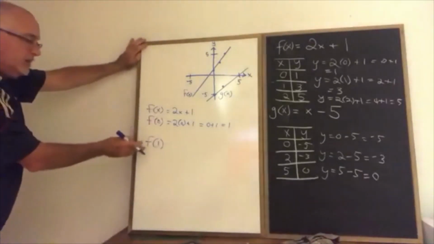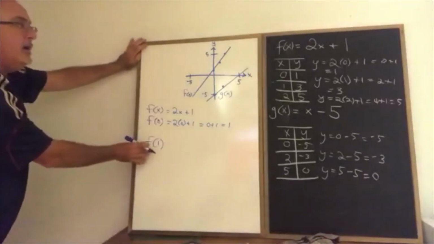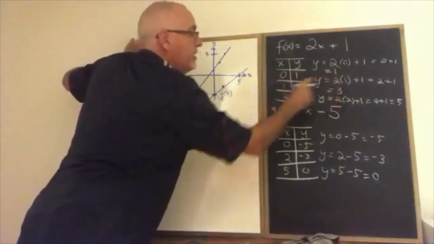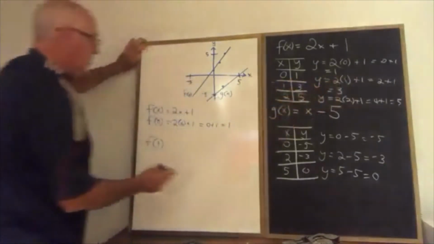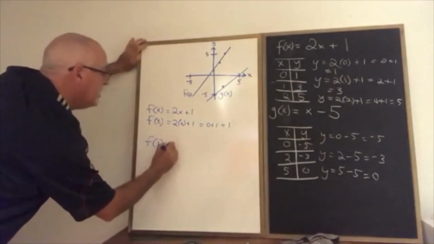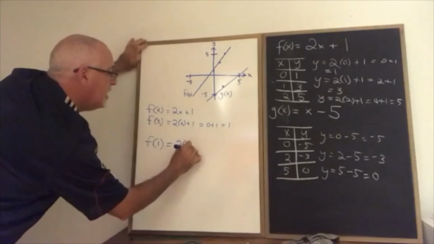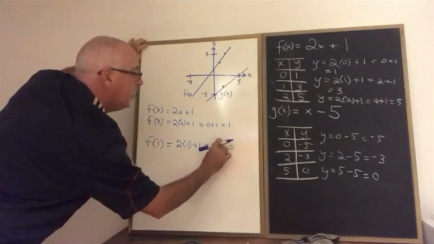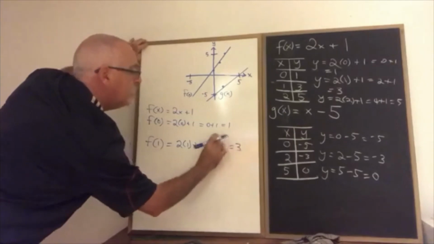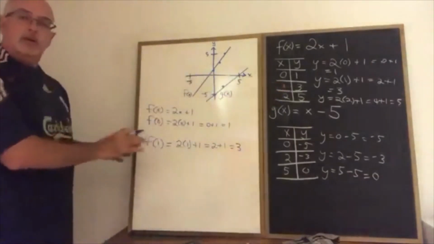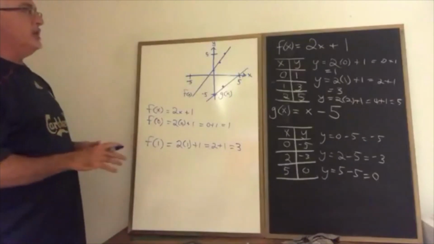Well, if a question asks me what is f of 1, I'm doing the same thing that I did right here when I found out that when x is 1, y is equal to 3. I'm using functions notation though and I'm saying, oh, that's equal to 2 times 1 plus 1, which is 2 plus 1, which is 3. Same answer. But I'm saying it now with functions notation, and I'm using functions language.